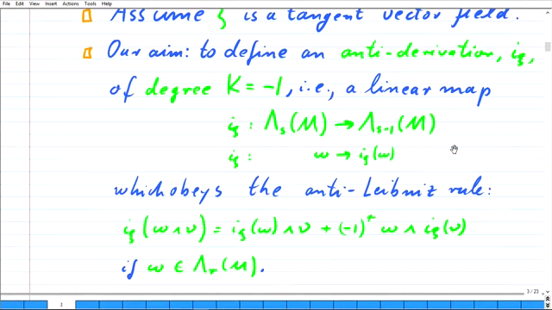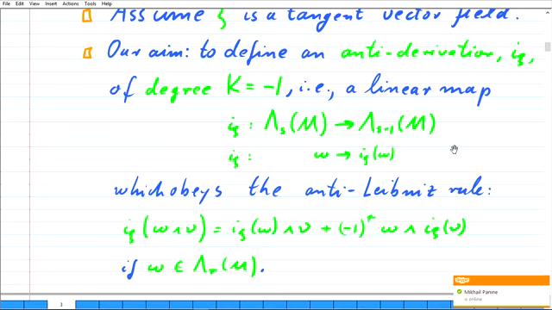And remember, the anti-Leibniz rule says that if you apply an anti-derivation onto the wedge product of two differential forms, then you get the anti-derivation applied to the first factor, leaving the second one the same as it should be for a Leibniz rule, plus potentially a minus sign times leaving the first differential form the same, wedge the new anti-derivation acting on the second factor.